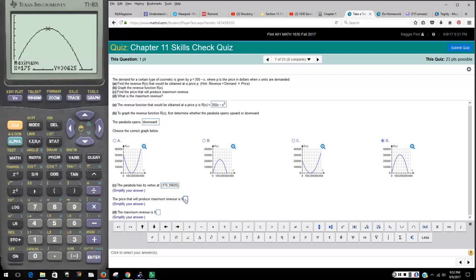So that's going to be $30,625. Notice they gave you a dollar sign. Or, I'm sorry, that's the maximum revenue, not the price. I put that in the wrong place. The price that produces maximum revenue is $175.